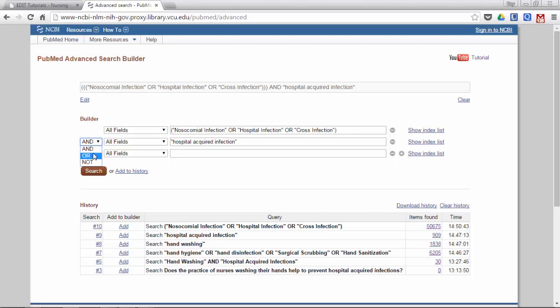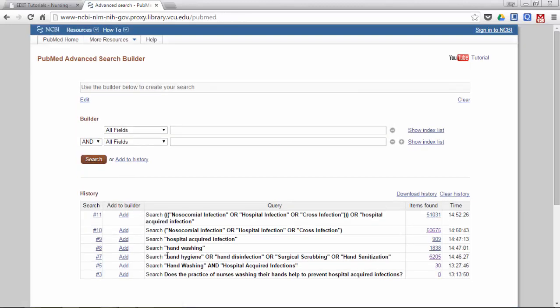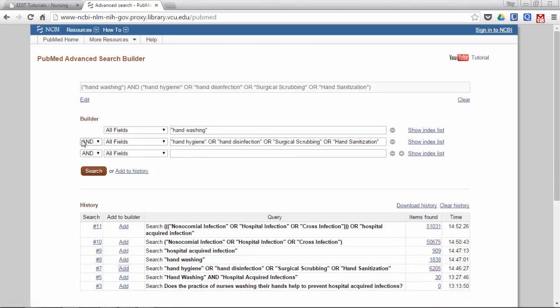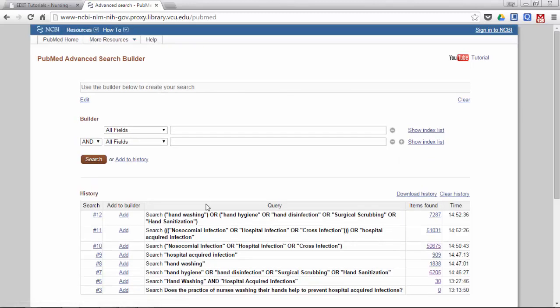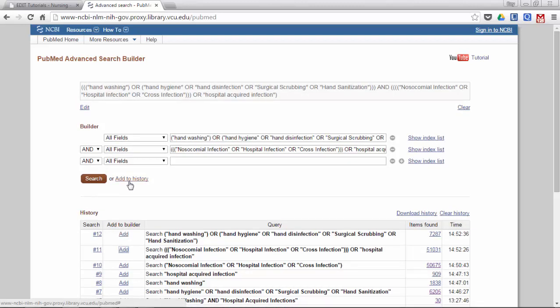We're going to OR these together, add them to history, and then do the same with hand washing and hand hygiene. And we're going to OR those together, add them, and so here's my hand washing group and my nosocomial infection group. And I'm going to add those two together, and this time I'm going to AND them.